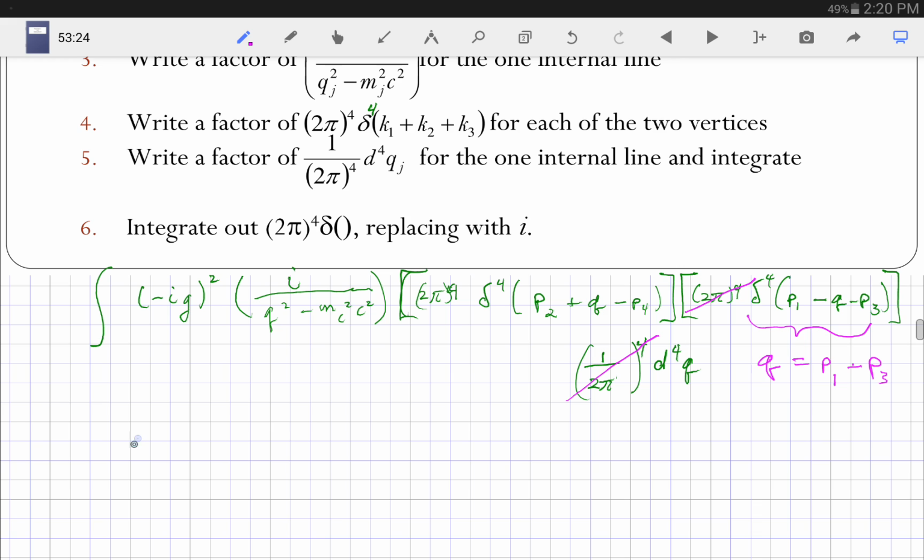And so this is going to equal minus i g squared, i over, and instead of q, I'm going to put (P1 minus P3) quantity squared. That was the first time q appeared. And then, of course, I still have minus m c squared c squared. And then I have this first bracket.